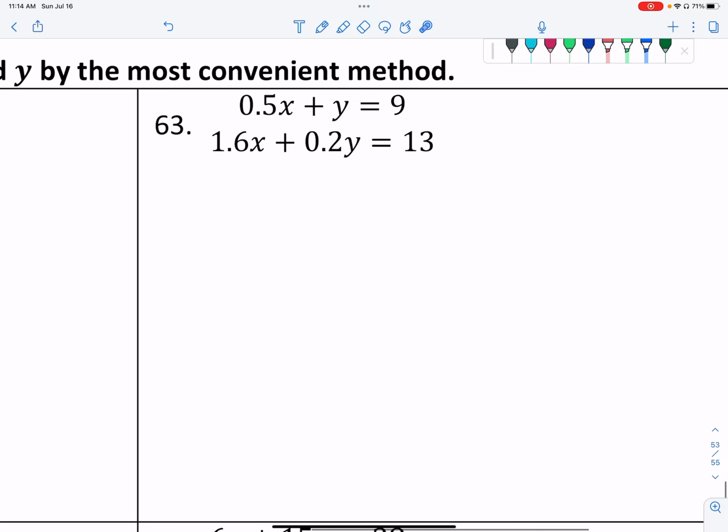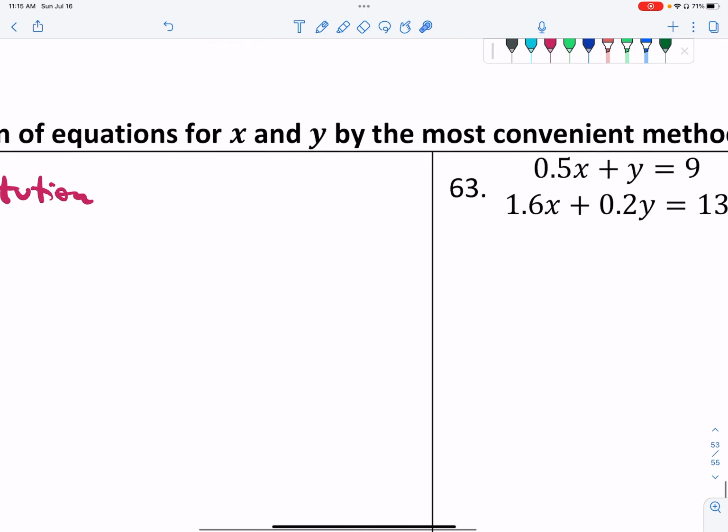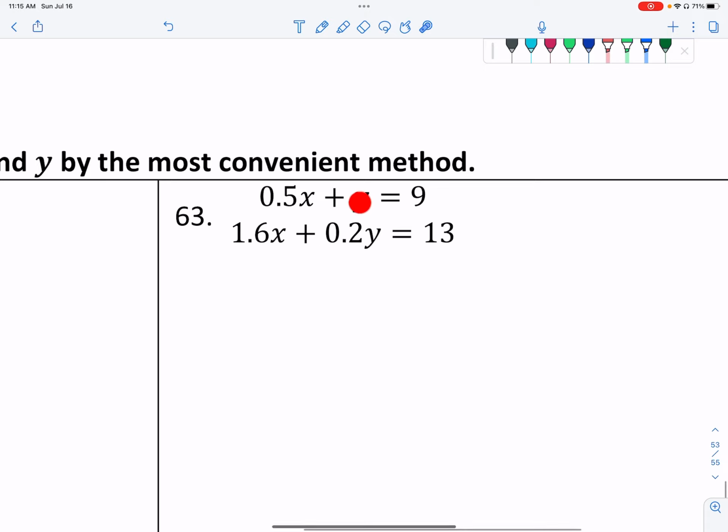Now on number 63, we have these things stacked up in standard form. It does have some sort of decimal numbers here. Could you do this one by substitution? Sure you could. And the reason why you can is because, not that one of your variables is isolated like in 62, but you can very easily get y by itself right here if you just subtract over the 0.5x.